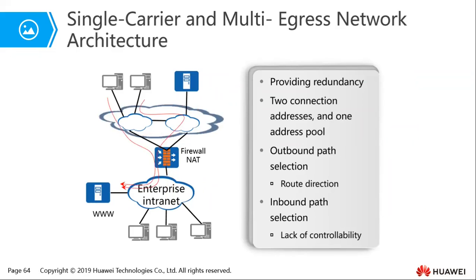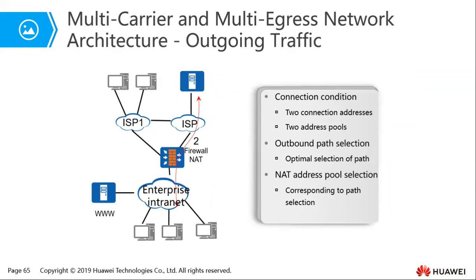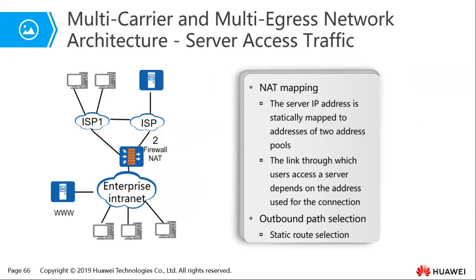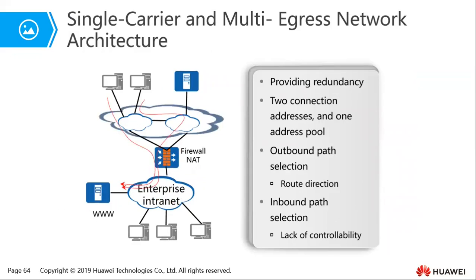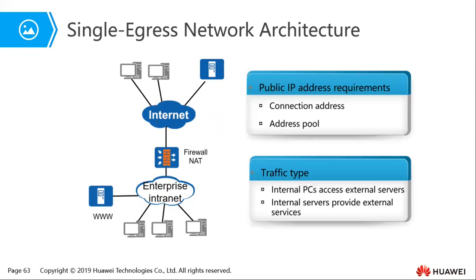We're also going to look at multiple carriers, where you have more than one ISP, and also multiple egress. So those are the three that we're going to look at. Let's begin here on the single egress.